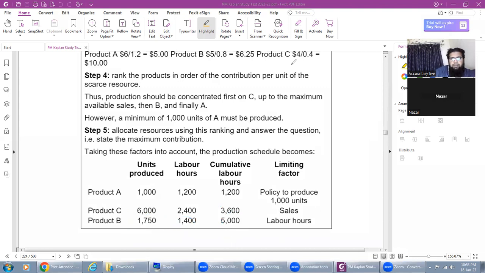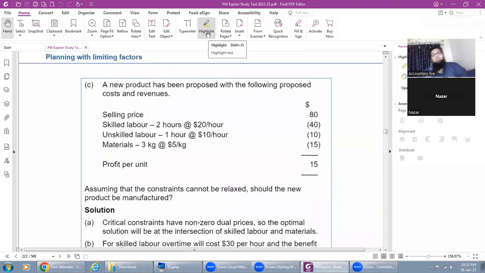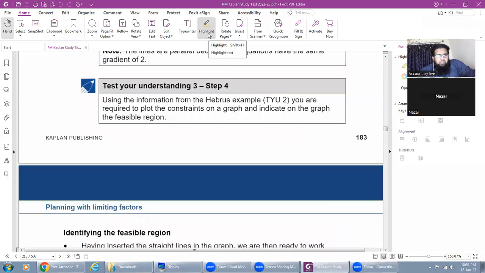Clear our drawings. Close this. Now again going to the limiting factor.